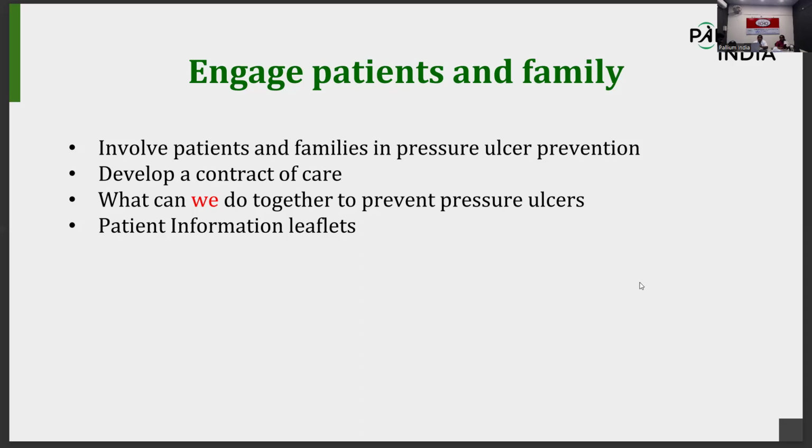So tell them to prevent it by positioning, air mattress, and proper nutrition. Develop a contract of care. We have to involve them in the care. What can we do together to prevent pressure ulcers?